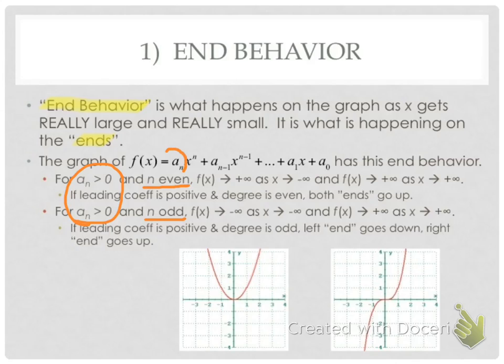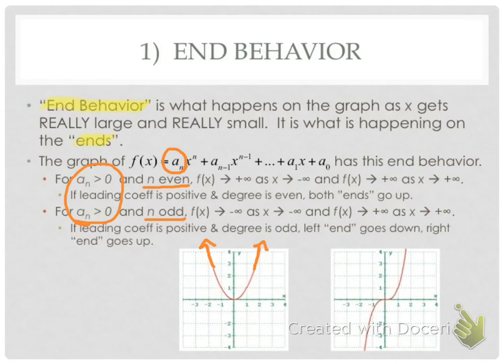So that means that the leading coefficient out here in front of our highest degree term is going to be a positive number. So when we have a positive leading coefficient and then have an even or an odd exponent, we can expect the ends of our graphs to behave like the ends of these parent functions.